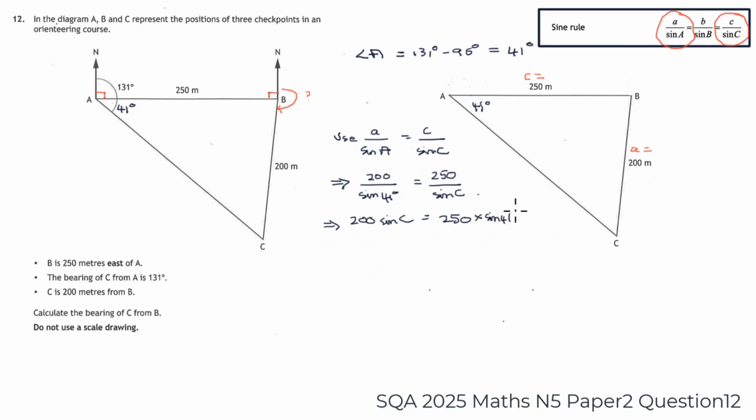So there's a slight rearrangement. Now if we divide both sides by 200 we'll manage to get sine C on its own. So 250 times sine 41 degrees divided by 200. So there's the calculation that we're going to do.